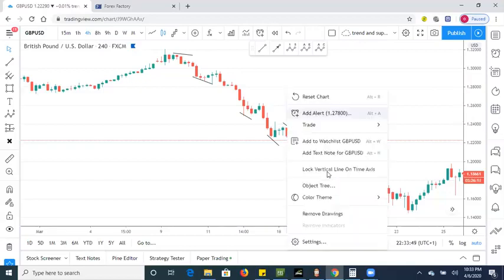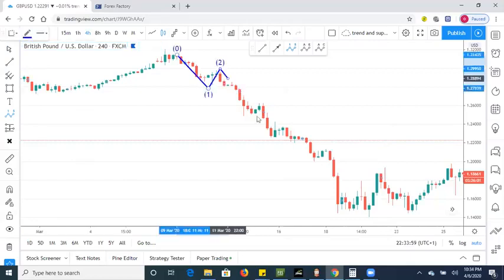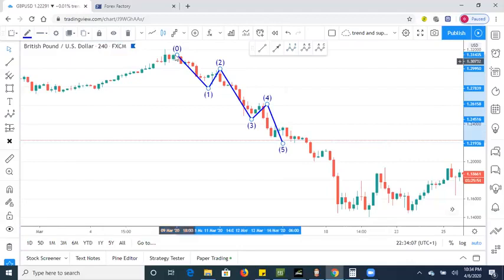Let me just clean up all the drawings. So come back to this. Can you notice something like this? Does it look like a downtrend now? Can you notice how we initially had 0 to 1, 1 to 2, and at point 2 we weren't sure. 2 could extend all the way up.